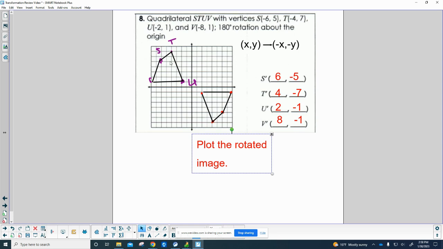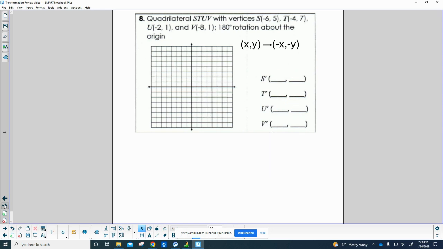So I've got the originals and the new ones plotted on this rotated image, and there are the coordinates that go with it. So step by step, there's the pre-image, there are the coordinates of the new image, and there's the new image having been plotted.